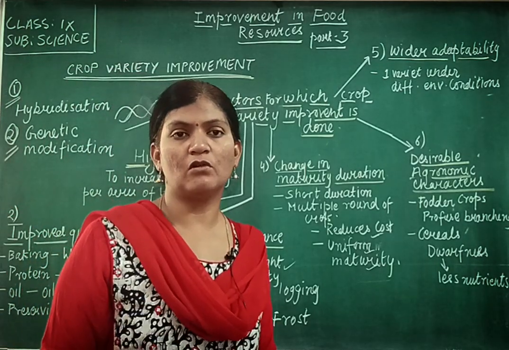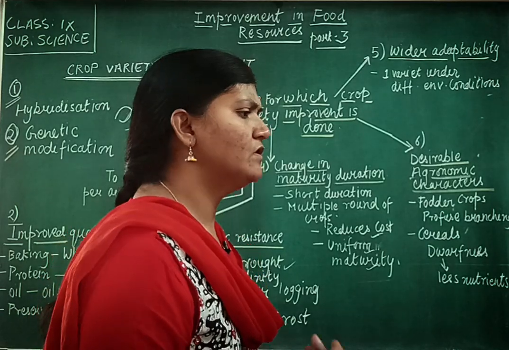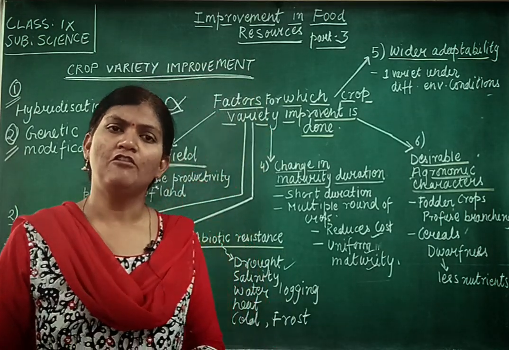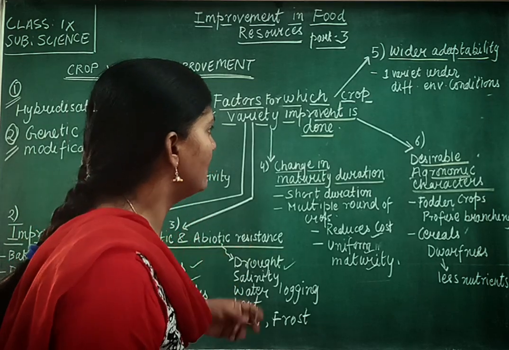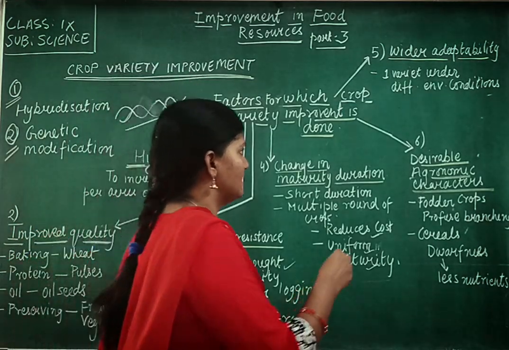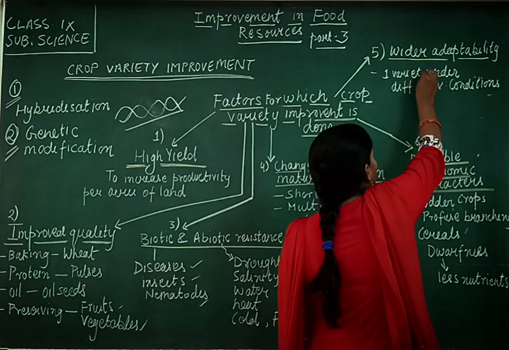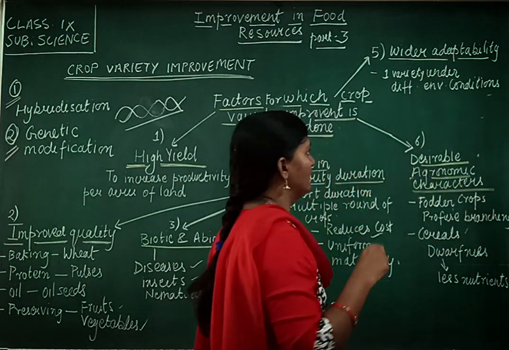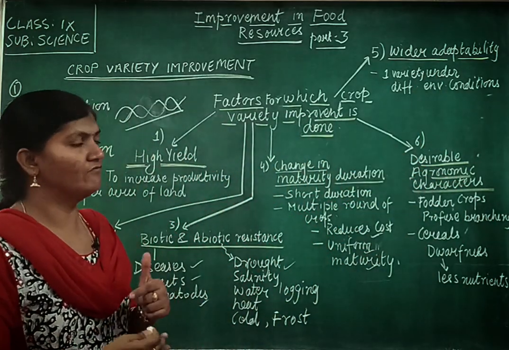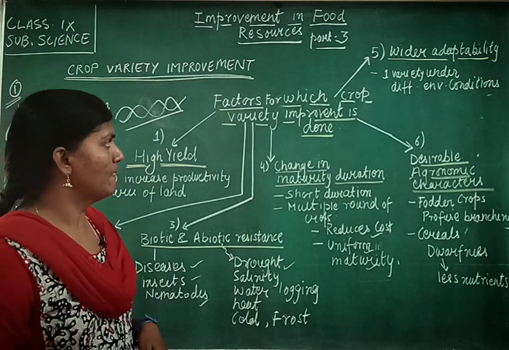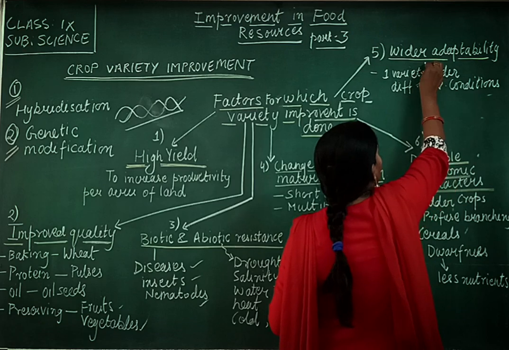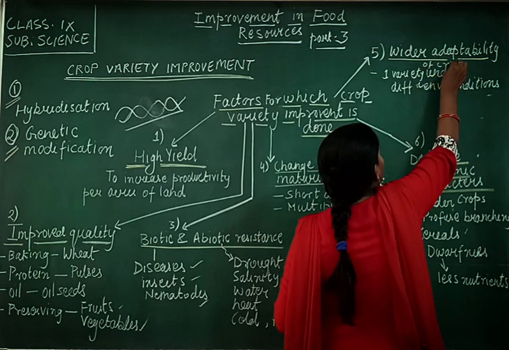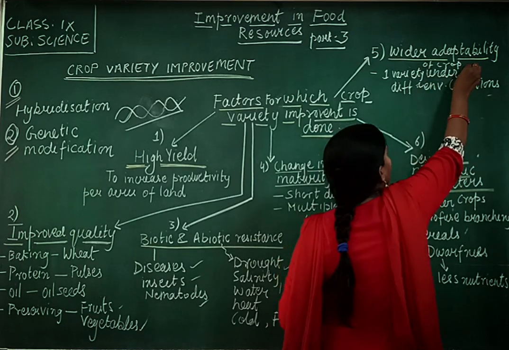Whether we grow that crop in Jammu Kashmir or in South India, we can grow it everywhere. So that is wider adaptability. The same variety of crop can be grown under different environmental conditions.